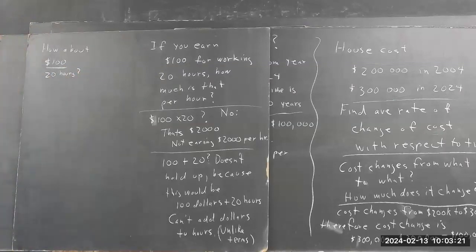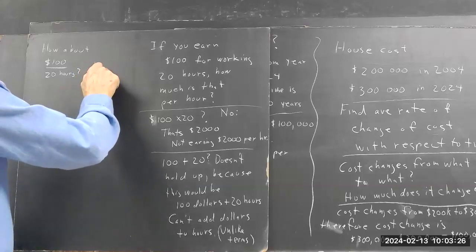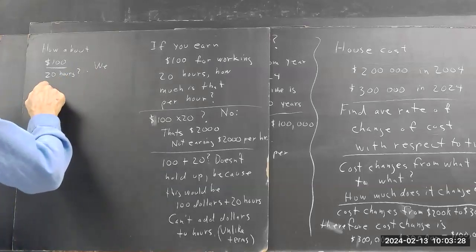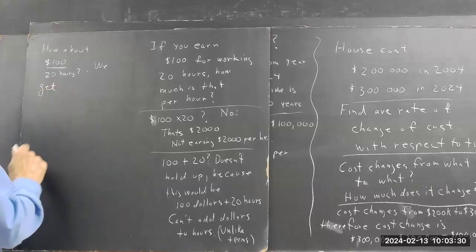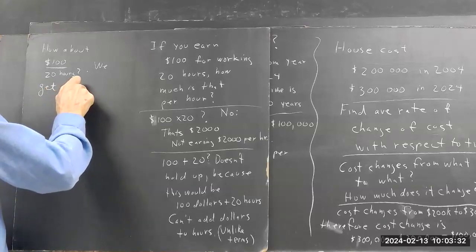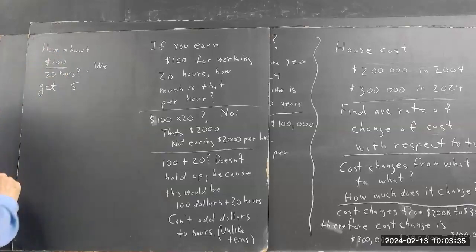$100 divided by 20 hours? We get 5 when we divide 20 into 100.